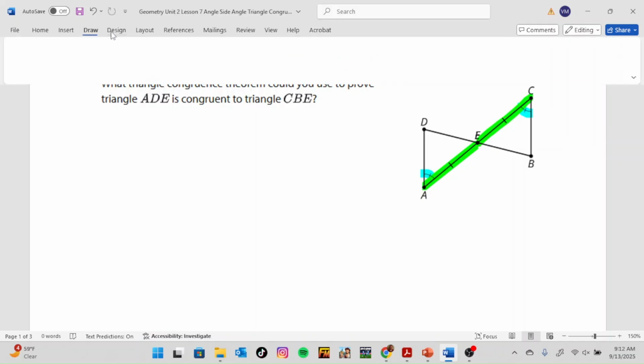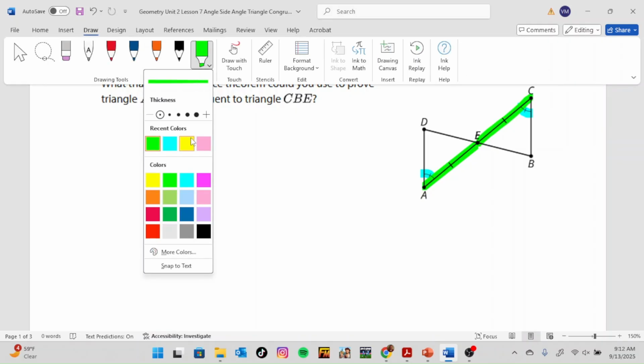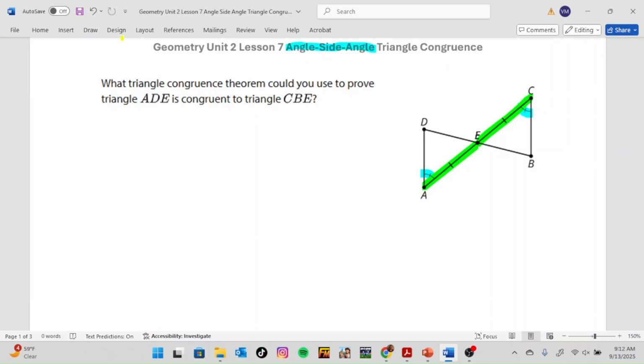So the next thing we need is the other angle. And what we have here is this line AC being divided in half by this line DB.